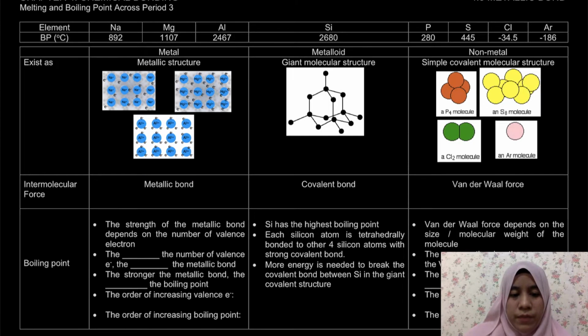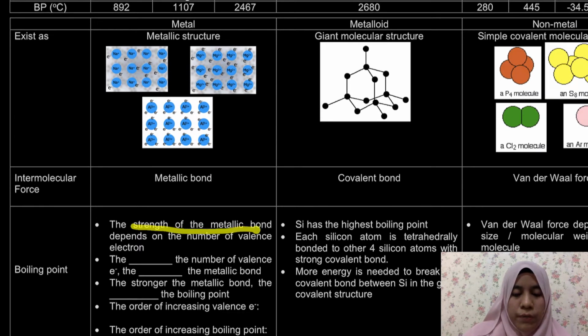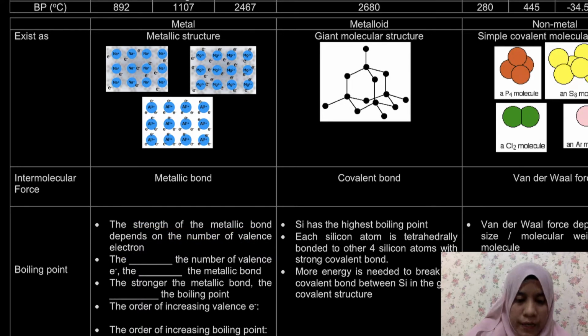Okay, remember that the strength of the metallic bond depends on the number of valence electrons. So the higher the number of valence electrons, the stronger the metallic bond. When the metallic bond is stronger, hence the boiling point will be higher.